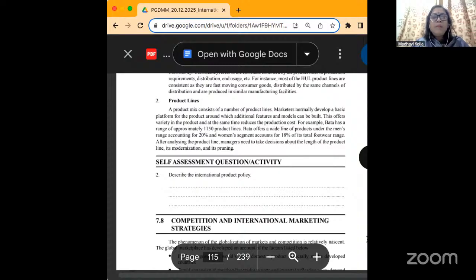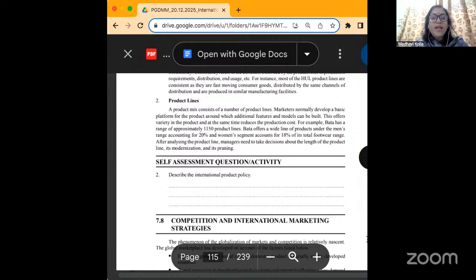Bata is an example where it has a range of 1150 product lines. That's a huge number, by any standards. Bata offers a wide range of products, with the men's range accounting for 20% and the women's segment accounting for 18% of its total footwear range.